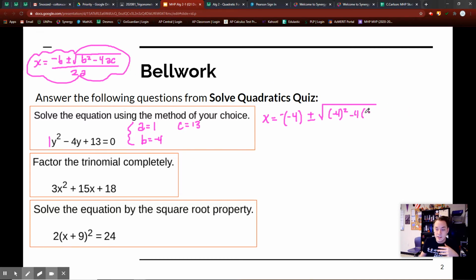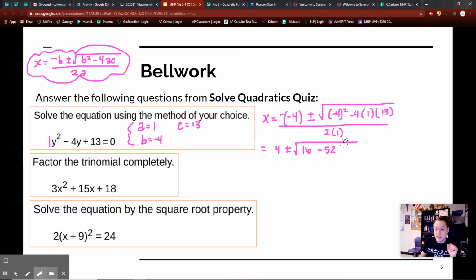My a is 1, and my c is 13. And this is all over 2 times 1 because that's my a value. As I start to simplify this out, this is +4 plus or minus the radical of 16, and then -4 times 13, that's just going to be -52.